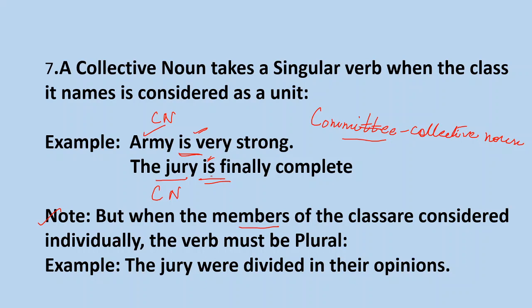Suppose the jury, all the judges in one group, is finally complete; that is, the work they are doing together is finally done. Suppose the members of the jury, that is the judges in the jury, were divided. So this will become a plural verb. "Were divided", because its members are denoted here. The jury were divided in their opinions.